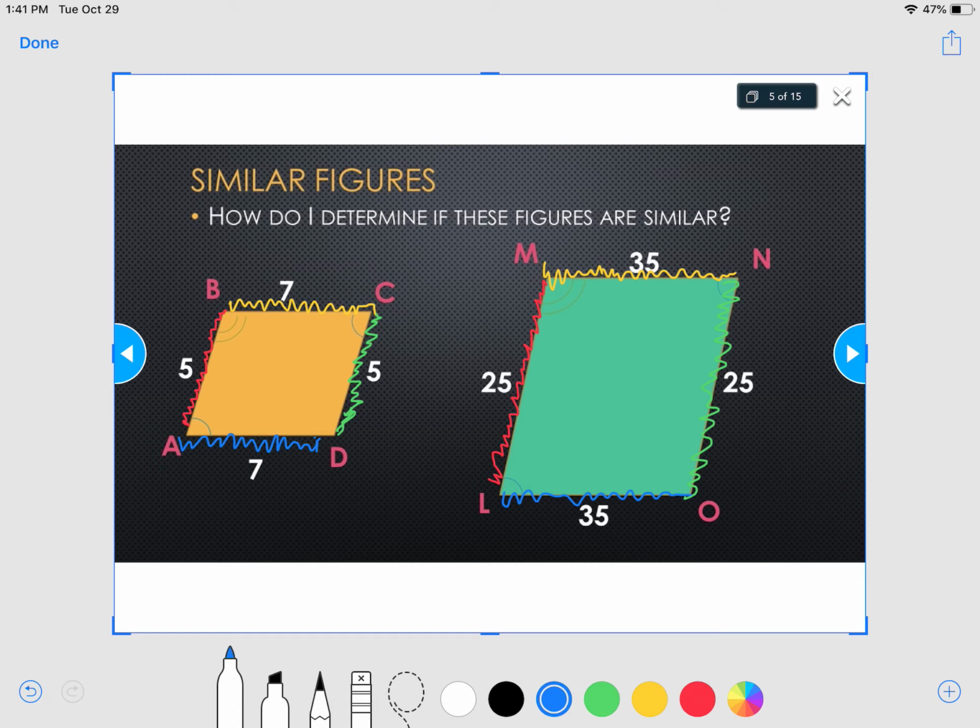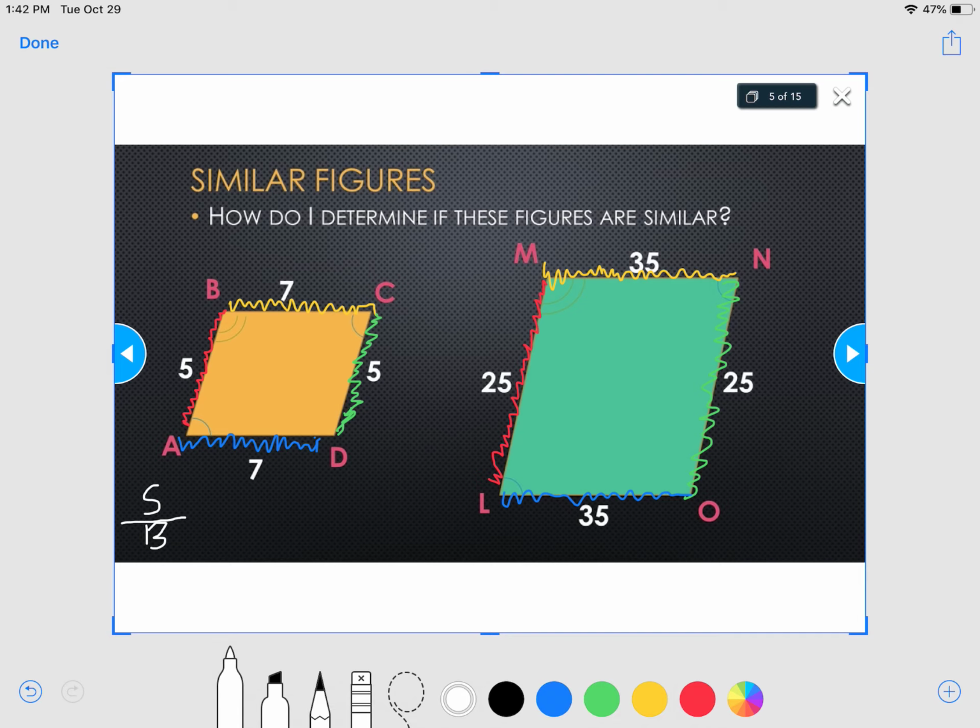Now that we know which side corresponds with what, we can set up proportions to see if the proportions match. So let's do the proportion of the red corresponding sides. I'm going to do the small figure over the big figure. And if you remember, if we do small over big on this side, we need to do small over big for every proportion.